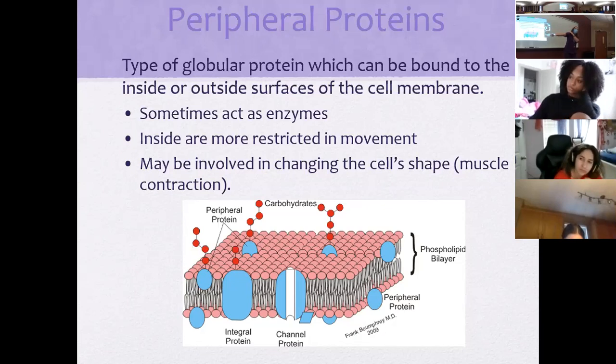It starts here at my scapula, extends all the way down here to the proximal end of my radius and ulna. But look at how dramatically this muscle shortens by more than half and it thickens up. That is the cell's ability to change its shape because of the type of peripheral proteins that we have.